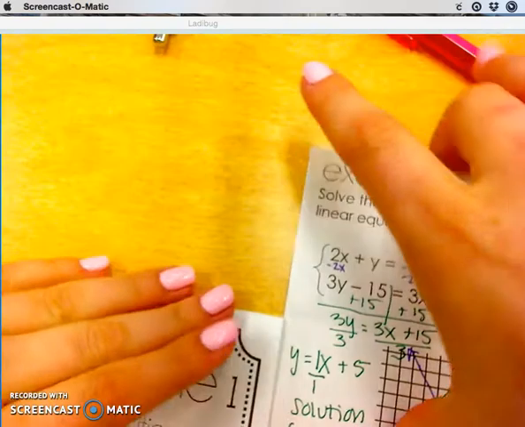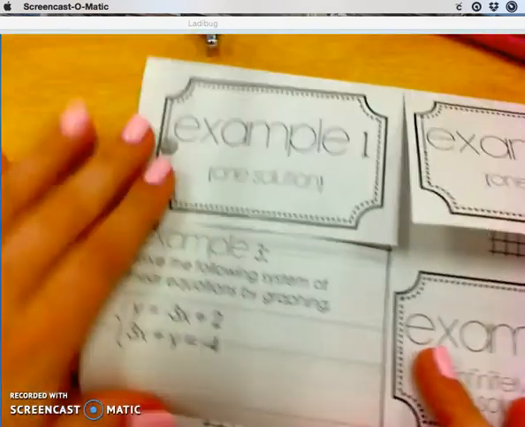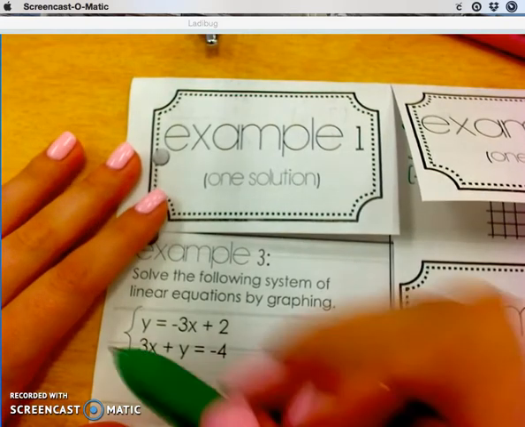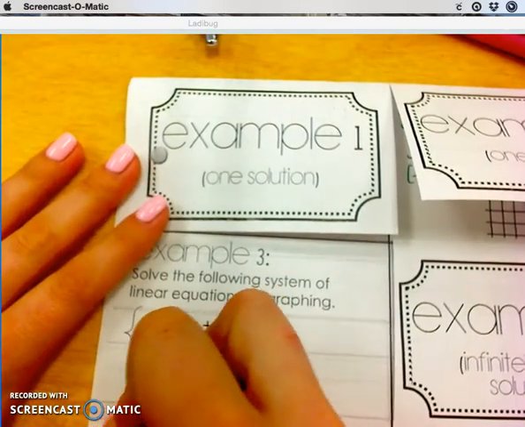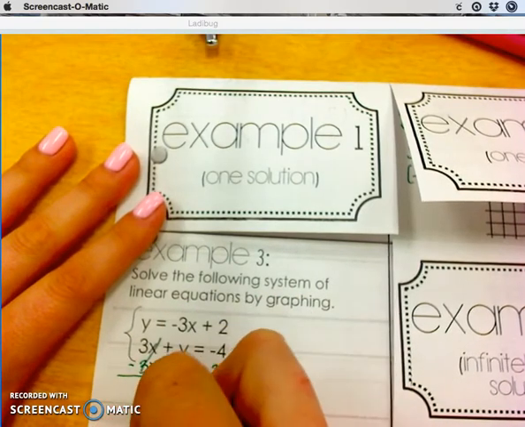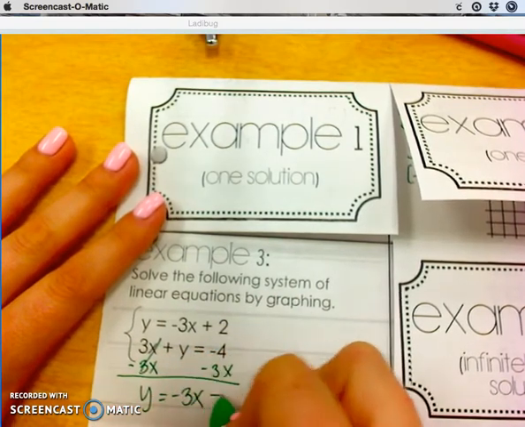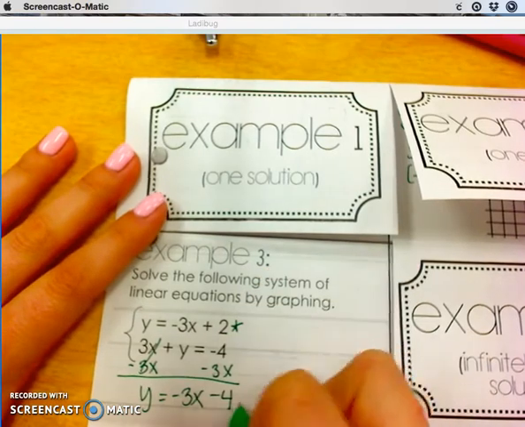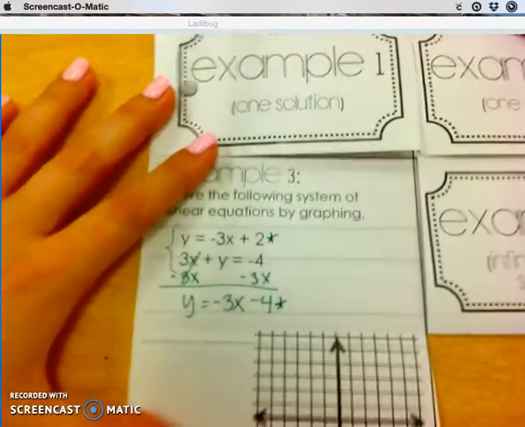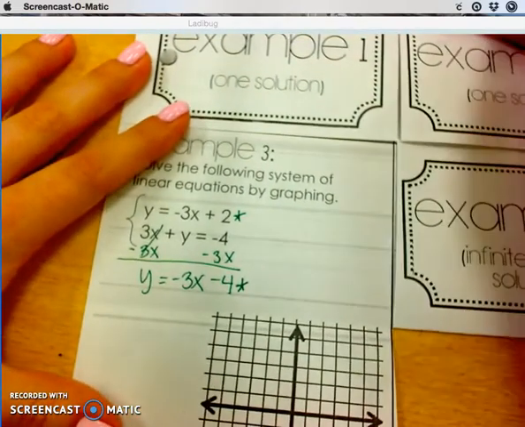So then let's look at an example with no solution. Well, let's solve for y in the second equation by subtracting 3x. Y equals negative 3x minus 4. Here's one equation, and here's the second. You can go ahead and graph them on your paper or in your calculator.